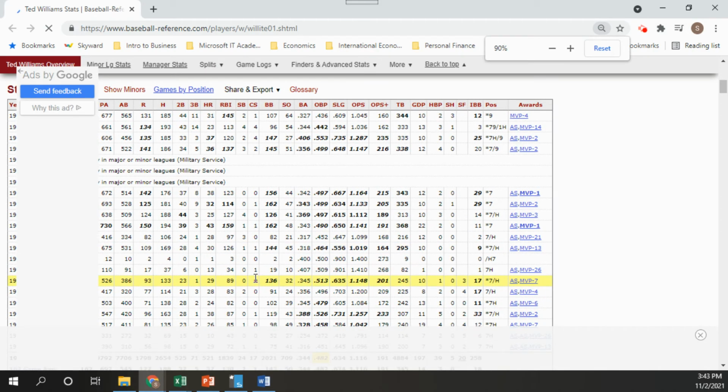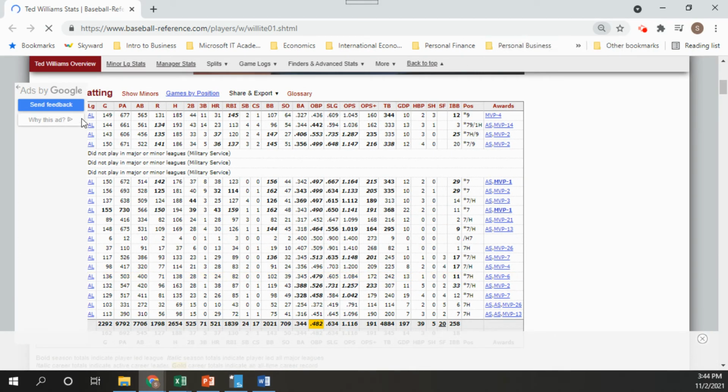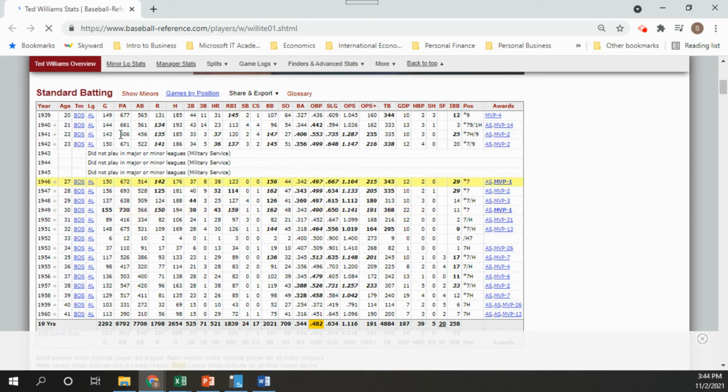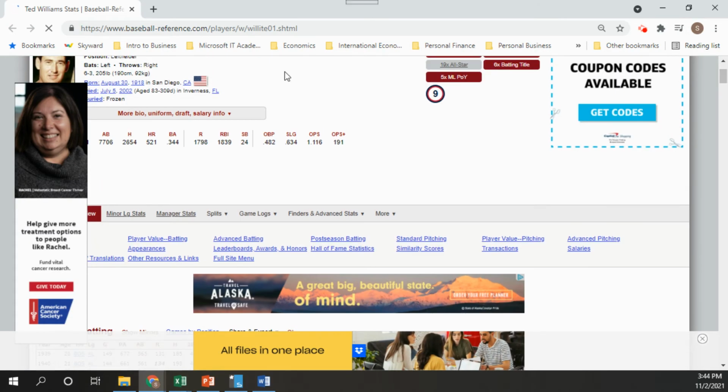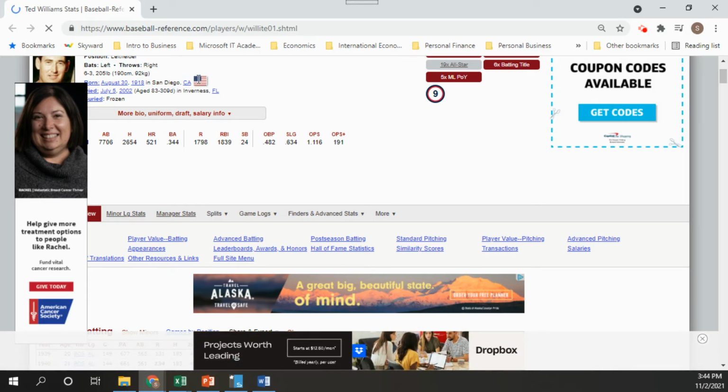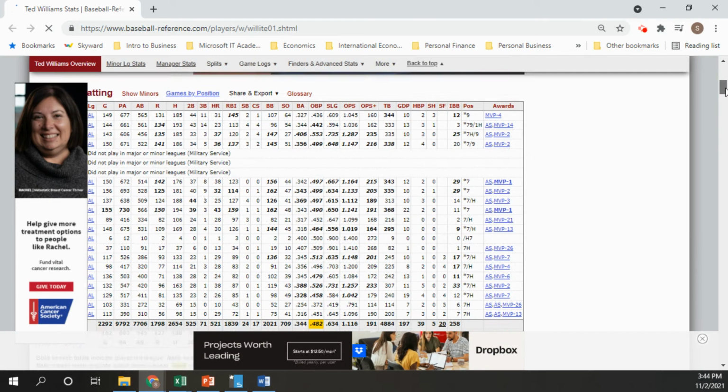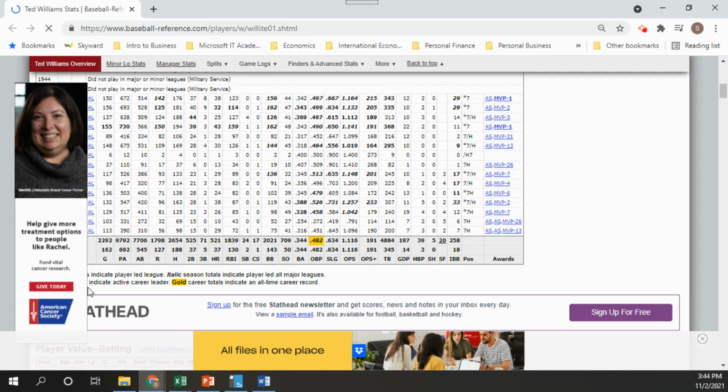Why is my screen so weird? This usually doesn't happen. My screen is whacked out. Why am I getting pop-up ads? I have no idea. Get those out of here, please. I'm trying to see the left side of my screen.